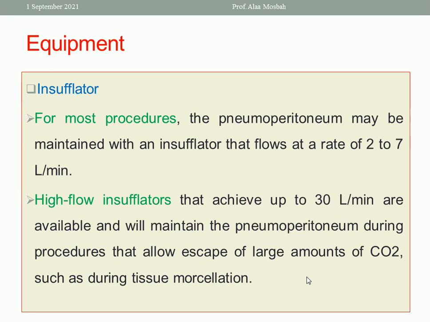So if you are doing an operative procedure with escape of CO2, you need a larger flow, okay? The idea of insufflation is to give a space inside the abdomen for better visualization and manipulation of the organs.